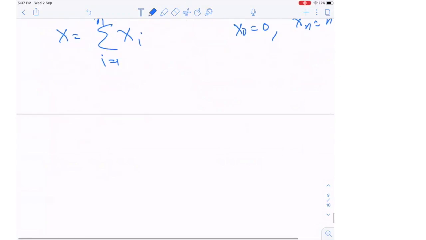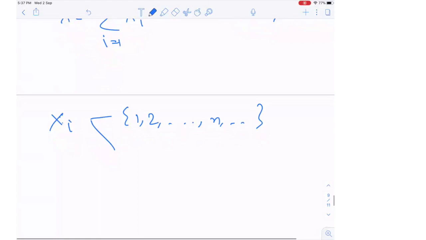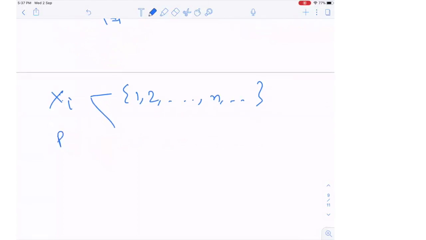Okay, so xi could take values between 1, 2, dot, dot, dot, n, dot, dot, dot, right? Now, this is exactly like a geometric random variable. You can take all these numbers, fine. But what is the probability of xi?